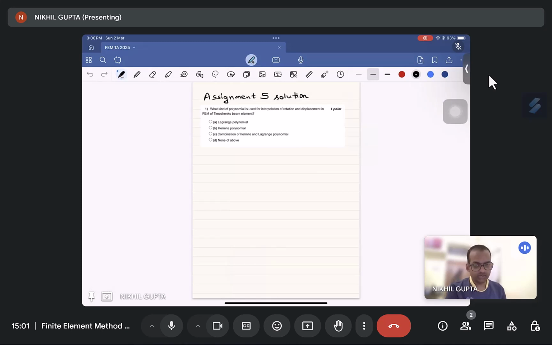So, what is the agenda of today's class? I'll start with the solutions of assignment 5, which is already submitted by you all, and then I'll cover the questions related to week number 6, which will be helpful for you to solve assignment number 6. Also, this time they have given some codes, which will help you solve the problems of assignment number 6.